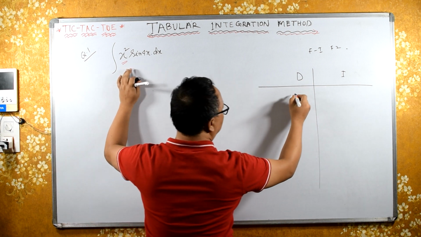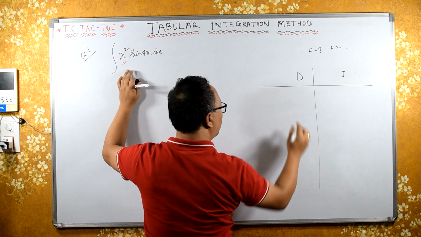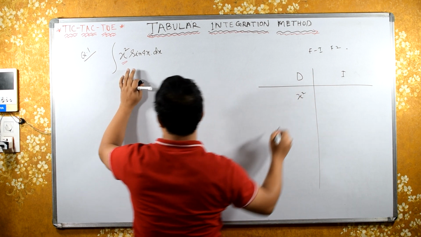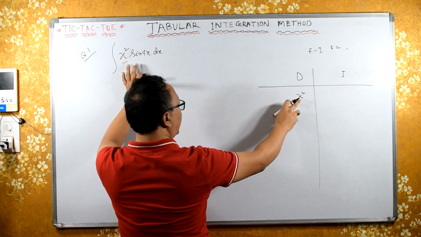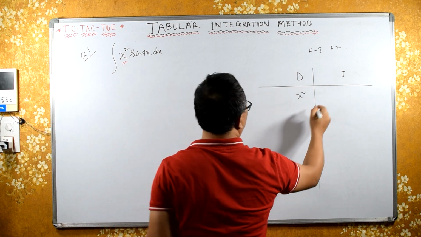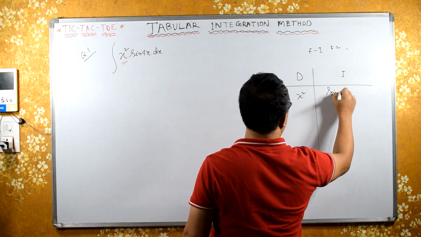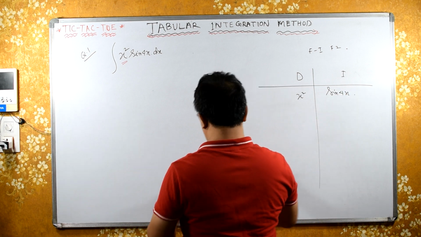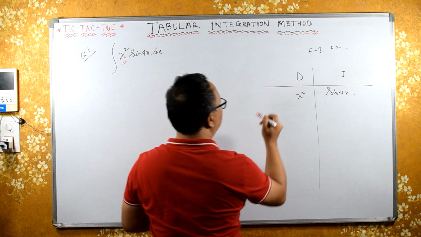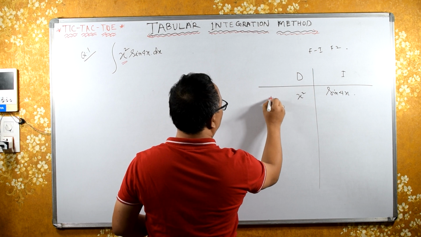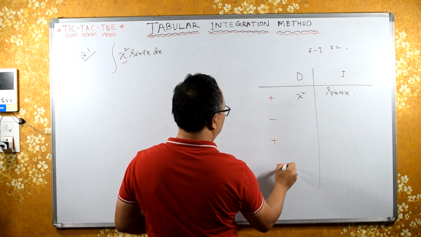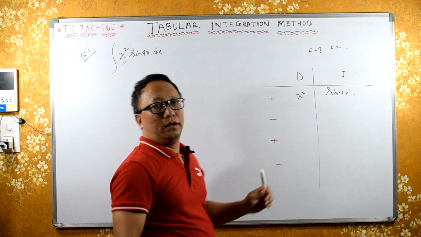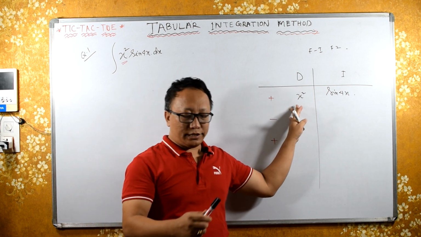So here we'll write x square in the D column, and since I already assigned x square over here, sine 4x will come in the I column. The signs go plus, minus, and so on.